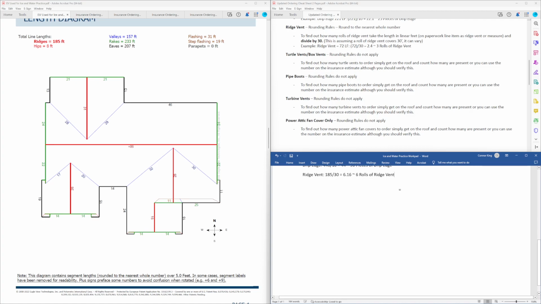Now another important thing to consider with ridge vent is when we install ridge vent, we need 1 3/4 or 2-inch nails to install the ridge vent, because it has to go through the ridge cap and the ridge vent and get into the decking underneath, and sometimes go through a layer of shingles and then get into the decking underneath to securely fasten it.